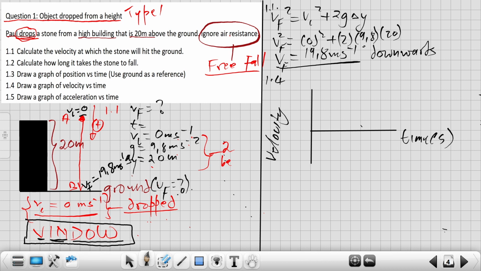So initially we did say that our velocity is 0. So we are going to have now our starting point. How long did it take the ball to hit the ground? We know that it took the ball something like 2.02 seconds. So what was the maximum velocity that it reached? The maximum velocity was 19.8 meters per second. So I can easily draw now my straight line.